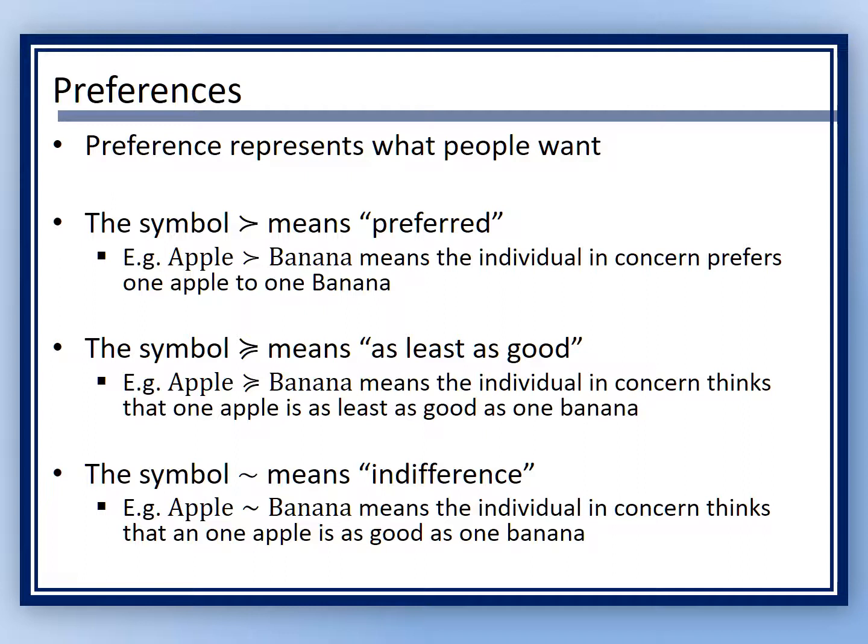So in this case, if you have used this symbol, then apple is indifferent from banana. That means they're equally good. So strictly better, could be better, actually the same. Right? So that's what economics theory is built upon. These relationships.